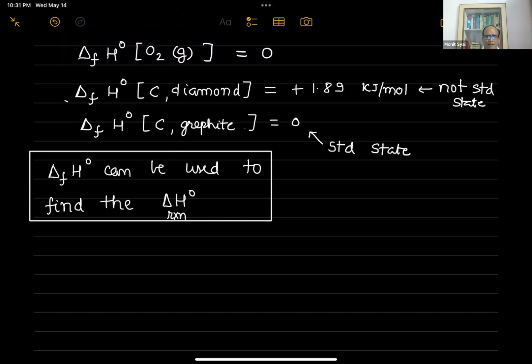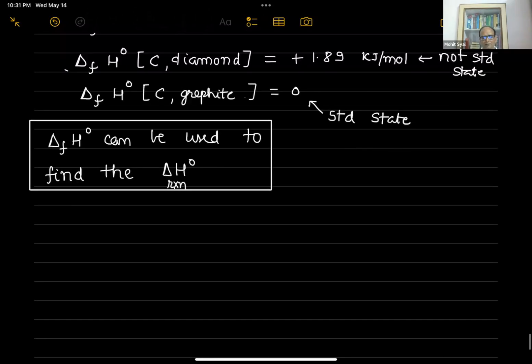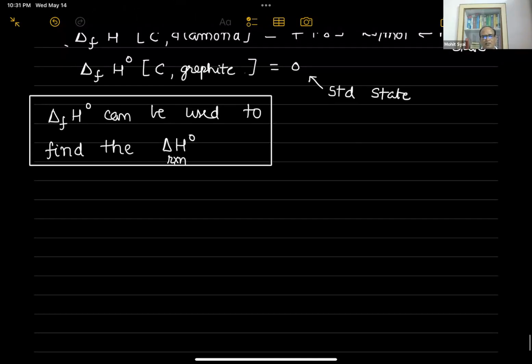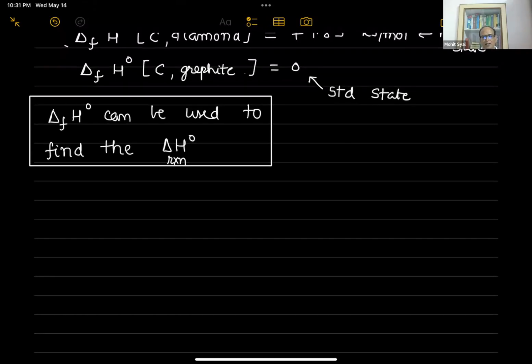If you have the list of enthalpies of formation, they will be given to you in the question itself. Then you can calculate the overall heat of reaction.